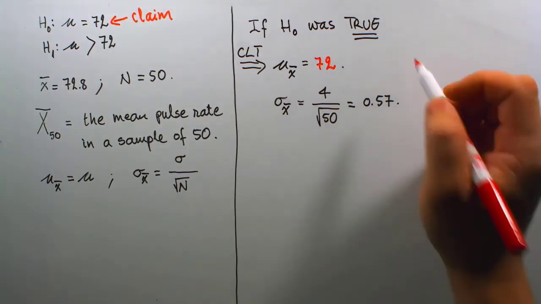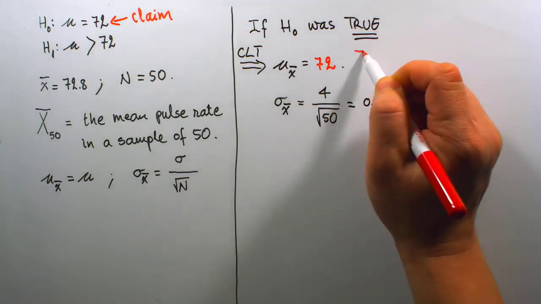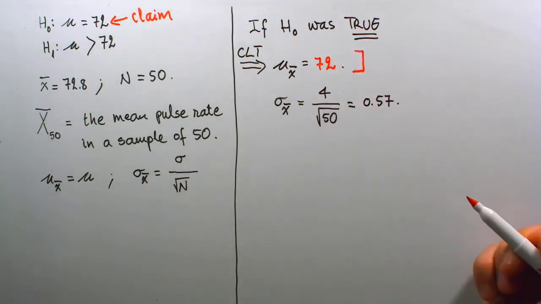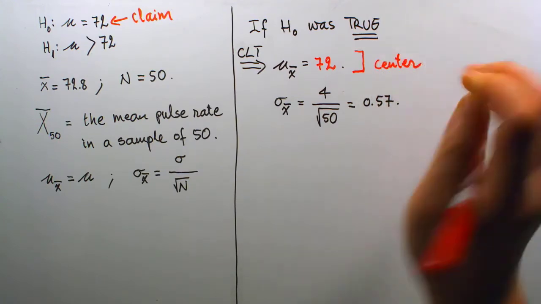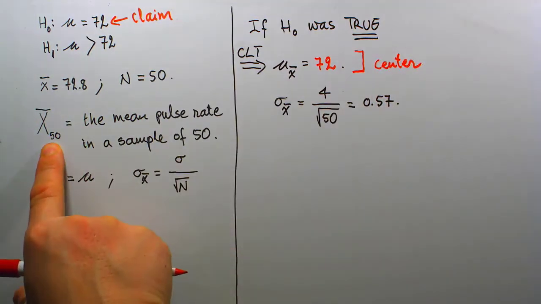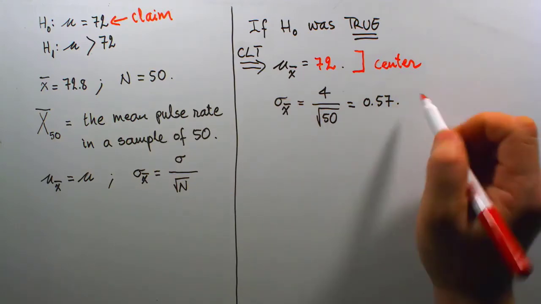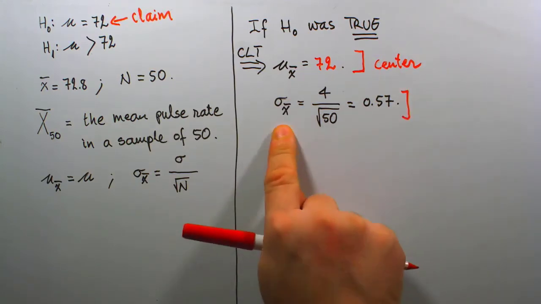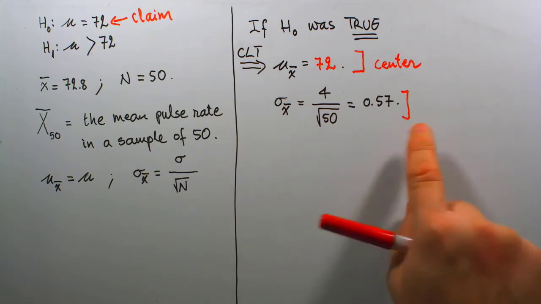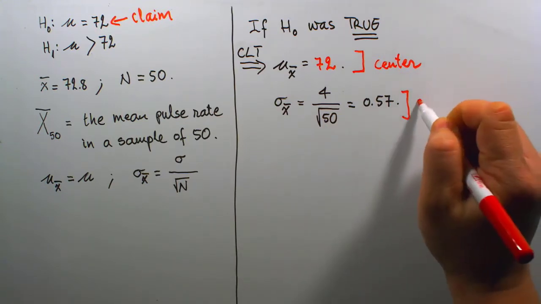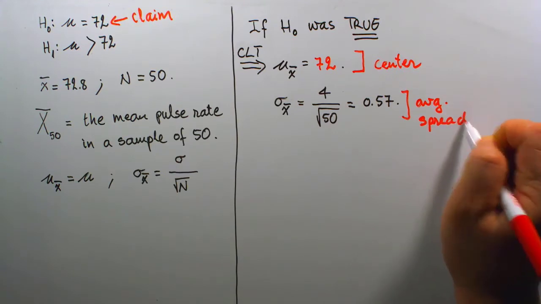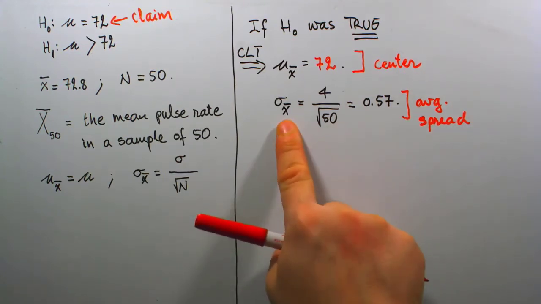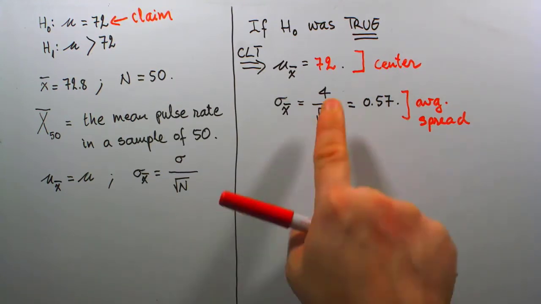And so this mu x bar here is playing the role of the center of the population of sample means. And this value sigma x bar that we have just calculated is playing the role of the average spread of all sample mean values away from this center.